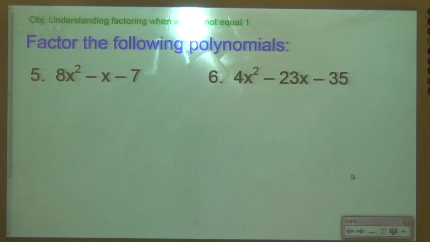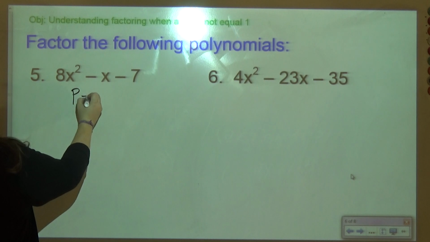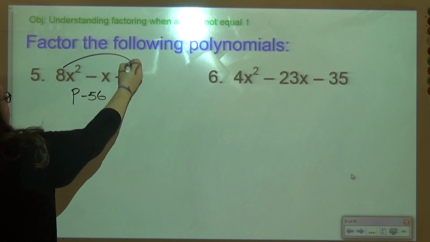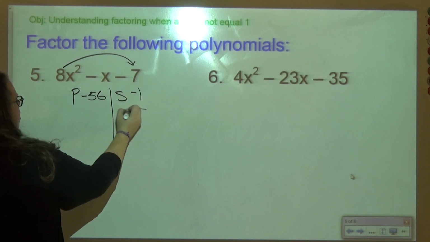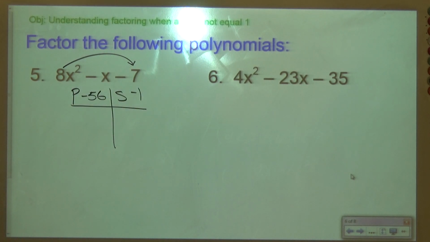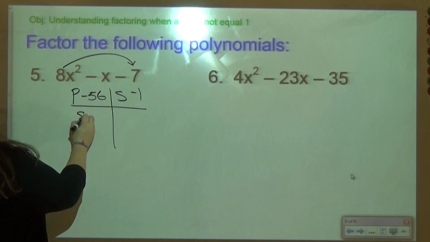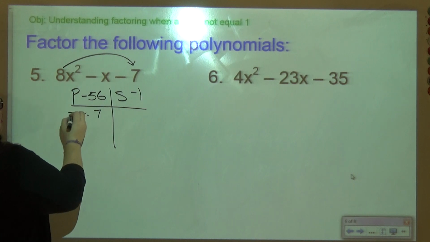All right, so we're gonna multiply to 56, right? My product is negative 56. My sum is negative 1. And this one, you could probably do that one in your head if you really wanted to, because it's just 8 times 7. And then who's negative? My 8.